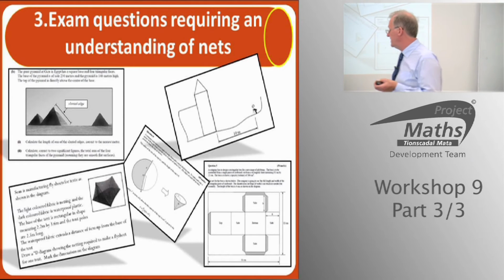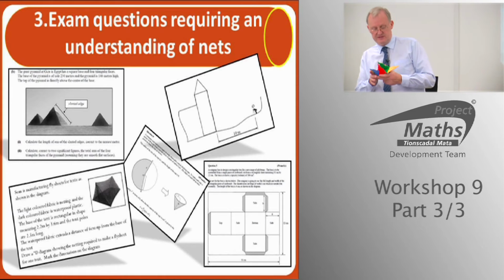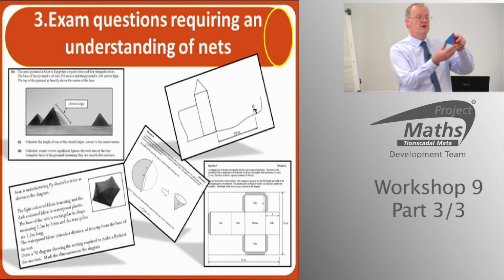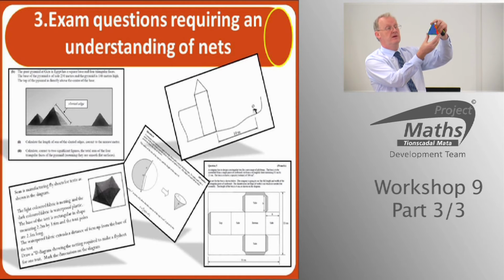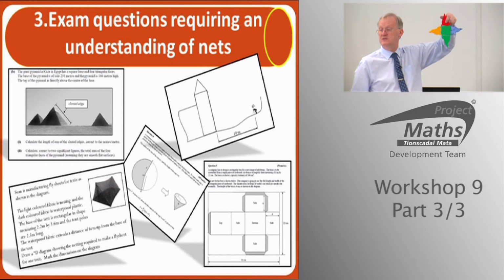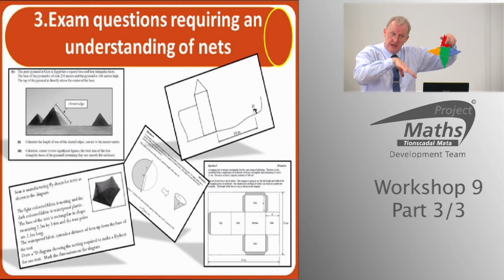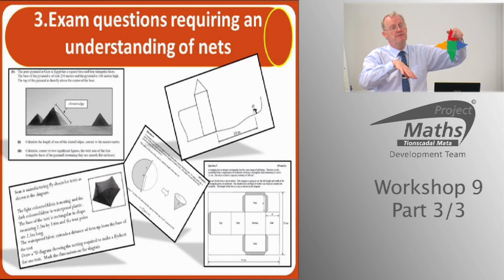And the reason it was very badly done is the students actually didn't realise that all they were working with was a square and 4 triangles. And if they saw that, the question was of no difficulty whatsoever. But if you think back to that old syllabus, nets weren't on the syllabus.